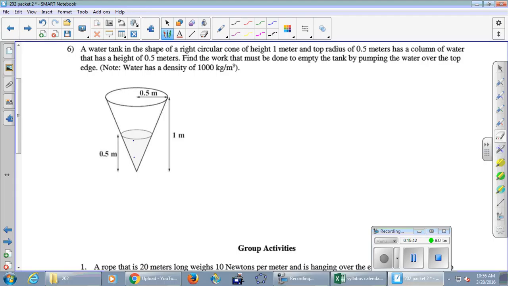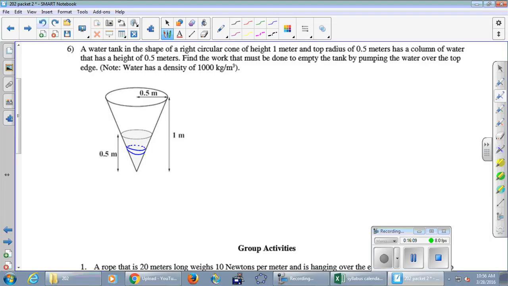How are we going to slice it? Horizontally. So we're going to have these little horizontal slices of water here. If you imagine that being thinner than I've drawn it, then all the particles of water in that slice move essentially the same distance to get to the top of the cone.